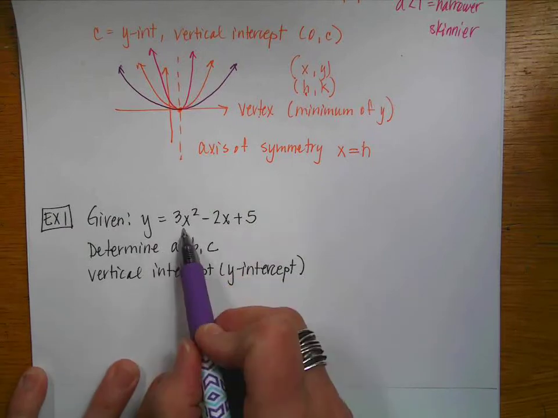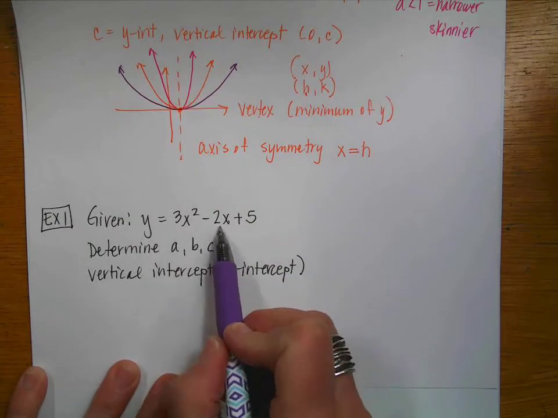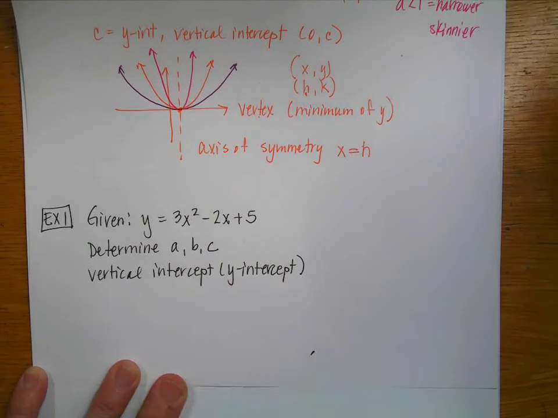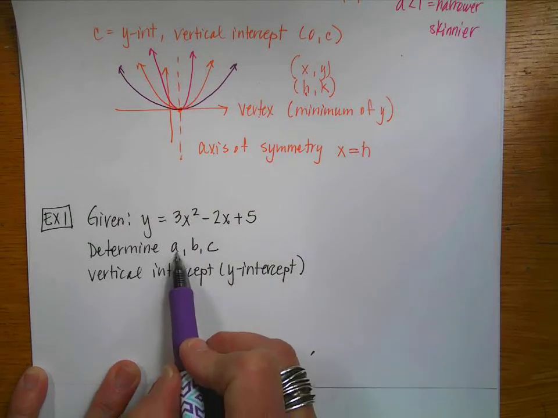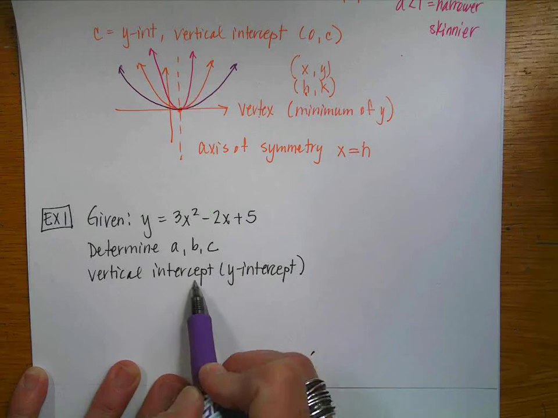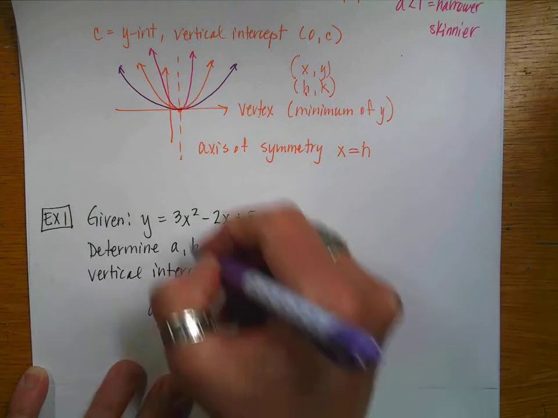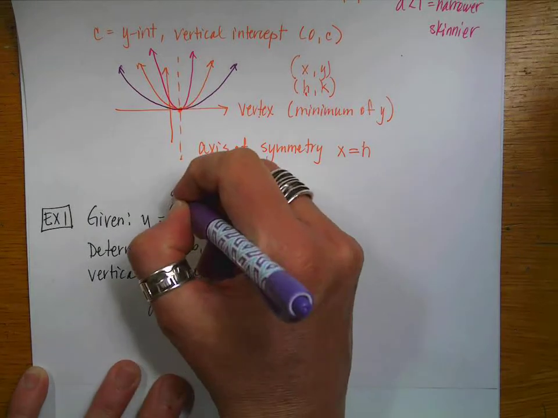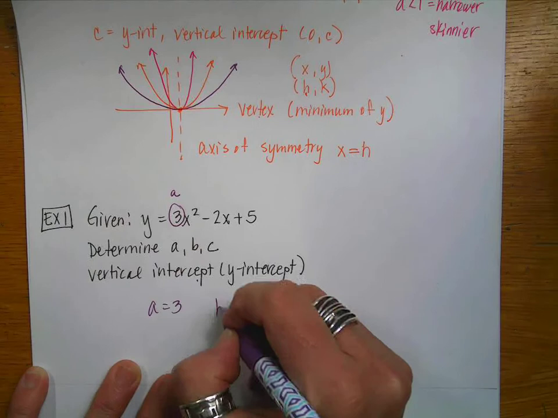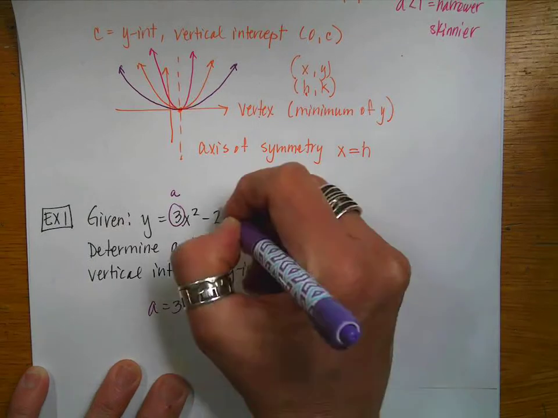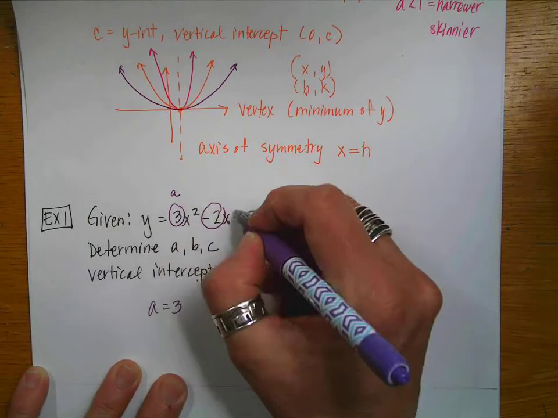All right, let's start going through some examples. The first example, we're given y is equal to 3x squared minus 2x plus 5. We want to determine a, b, and c, and then find our vertical intercept or the y-intercept. A is going to be 3, so this is a. B is going to be negative 2, so this is b.